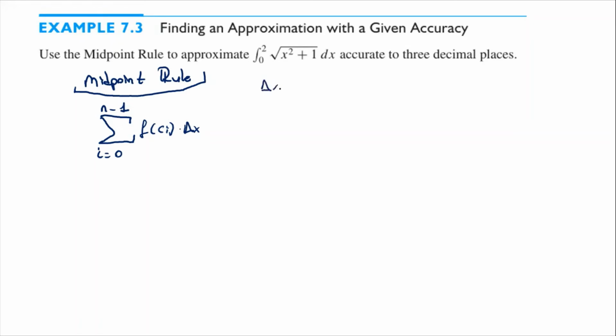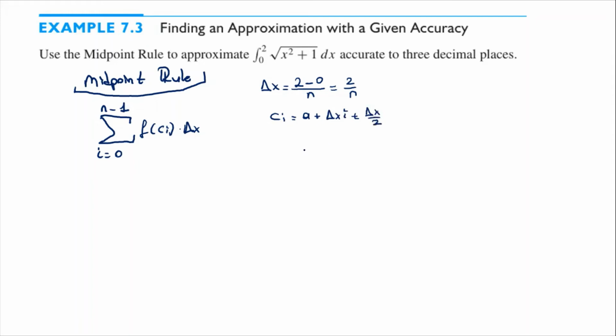First, you get delta x in terms of n, which is 2 minus 0 over n. It is 2 over n, right? Then you're gonna say ci is a plus delta x times i plus delta x over 2.